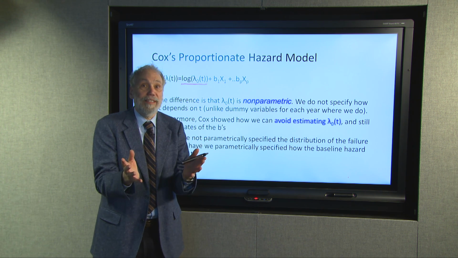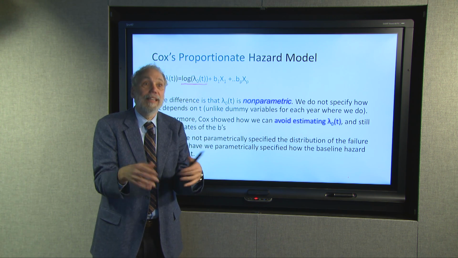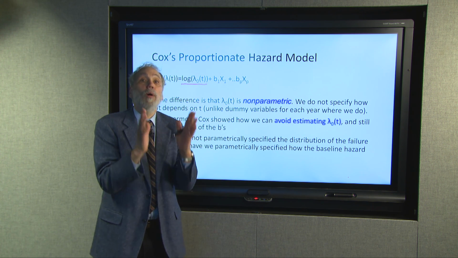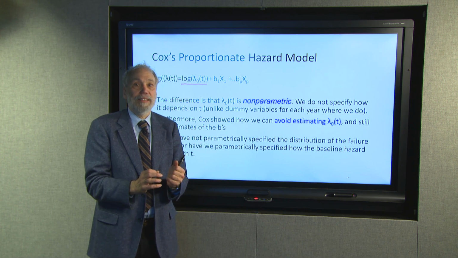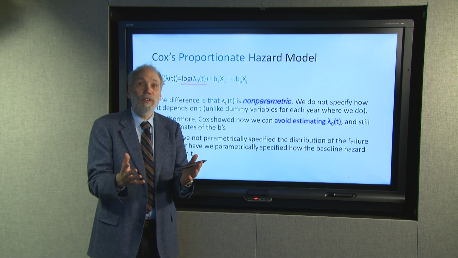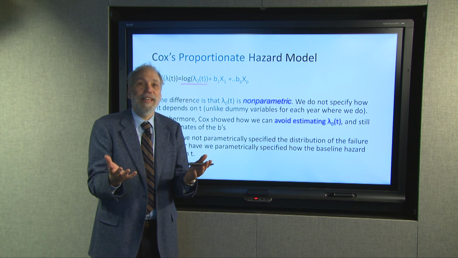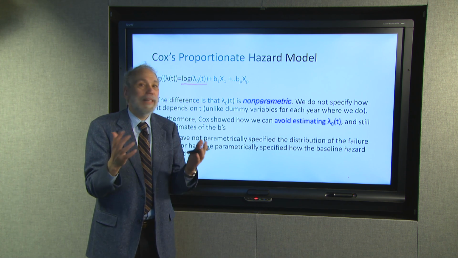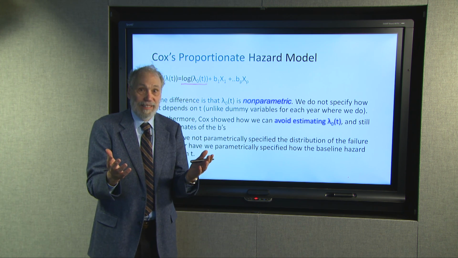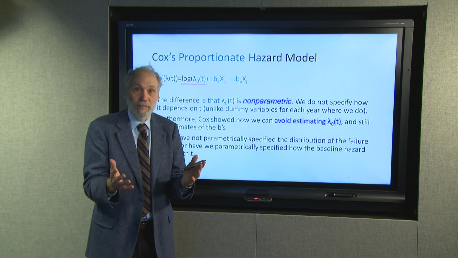Find the coefficients of the predictors that maximize that partial likelihood, and you don't have to worry about what lambda naught of t is. It could be any funky thing, and it doesn't matter.